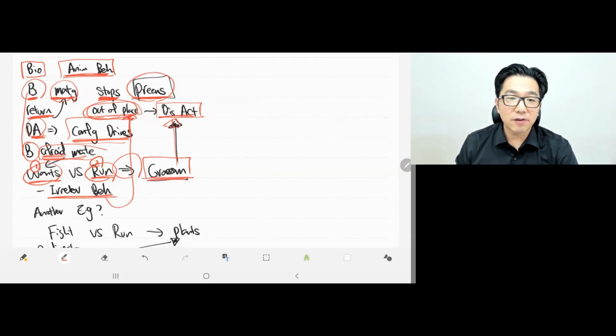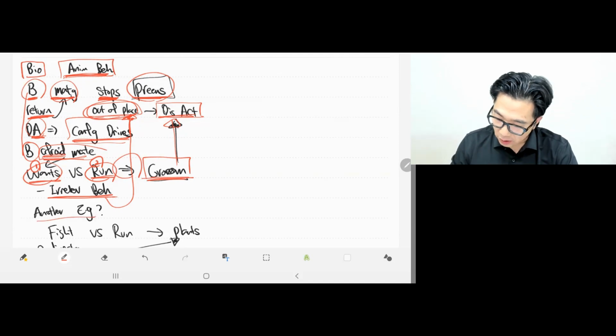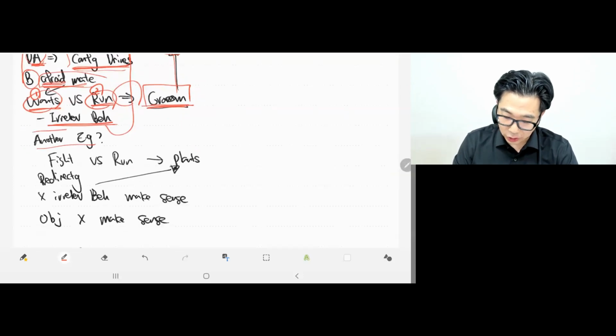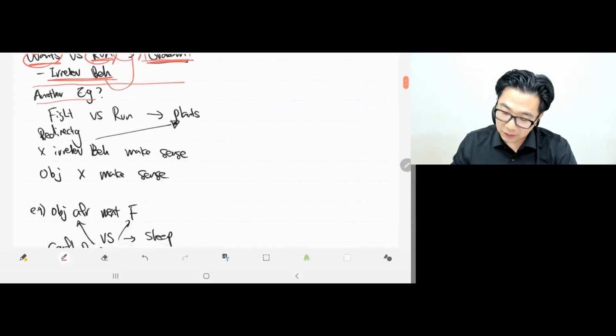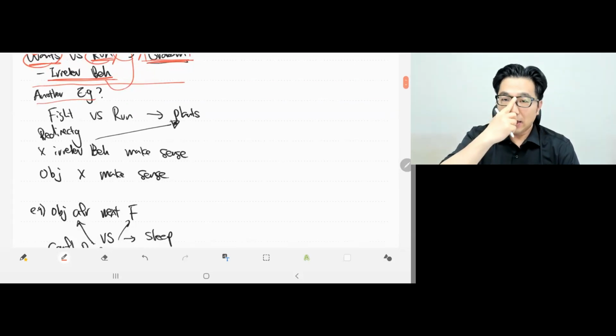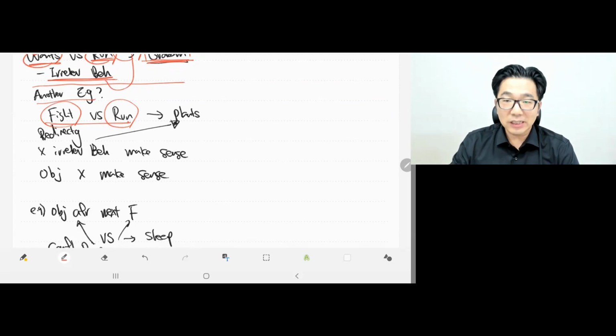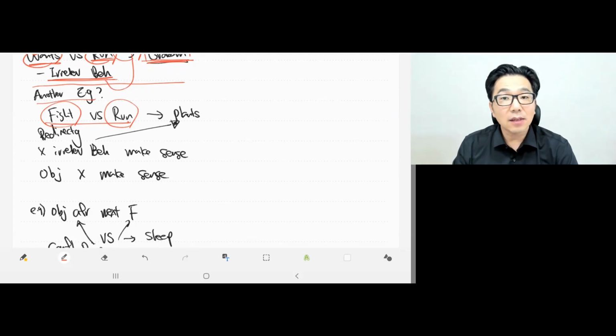Irrelevant behavior. The professor asks the class to give another example to confirm whether the class understood this concept of displacement activity. A male student gives an example. Let's say an animal has two conflicting drives, to fight the enemy or run away from the enemy, and the animal starts attacking a plant.